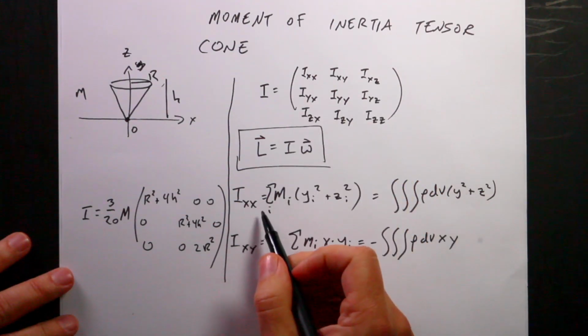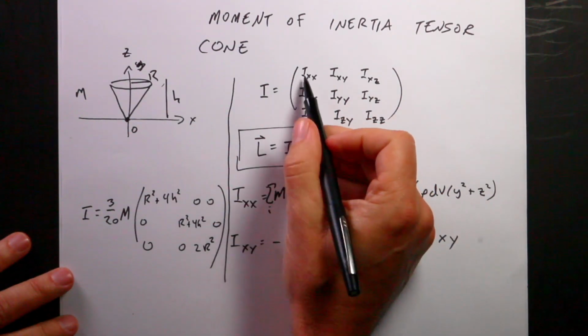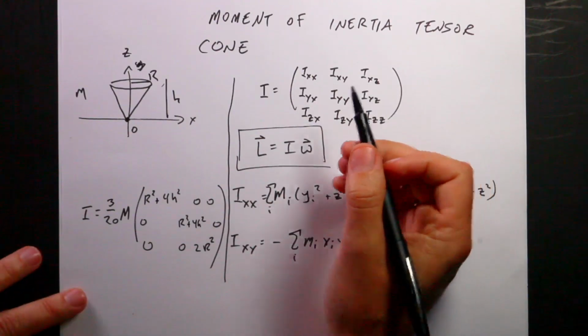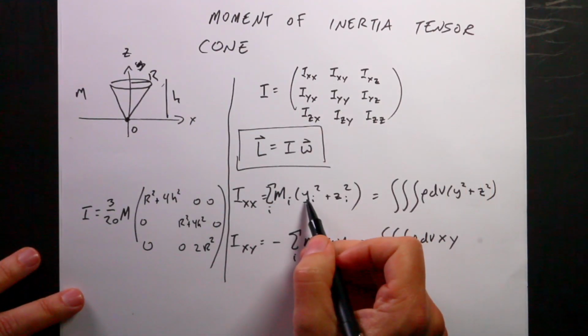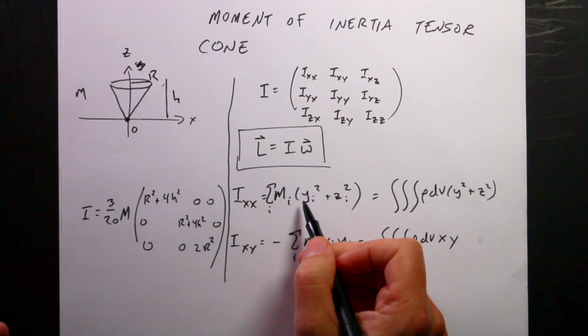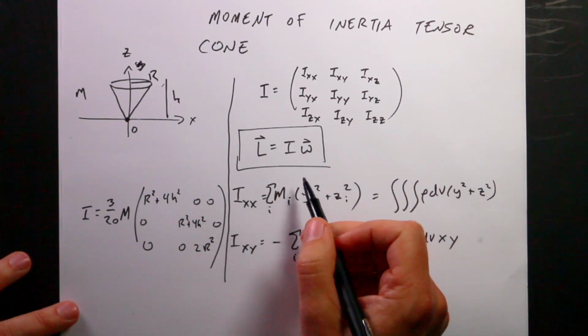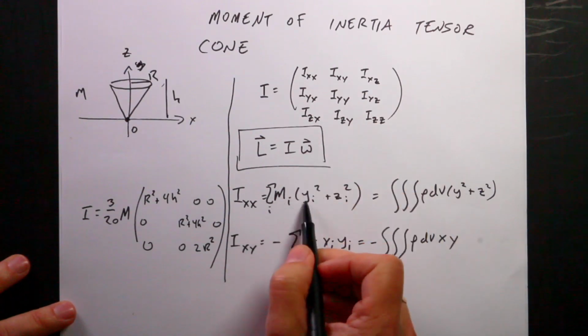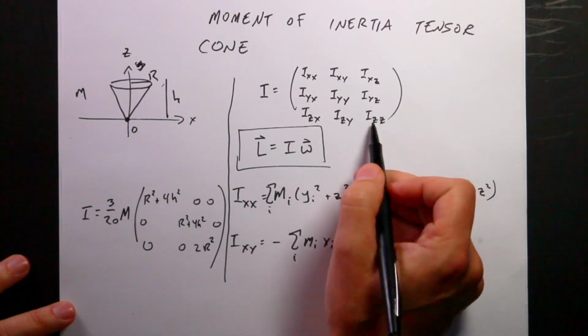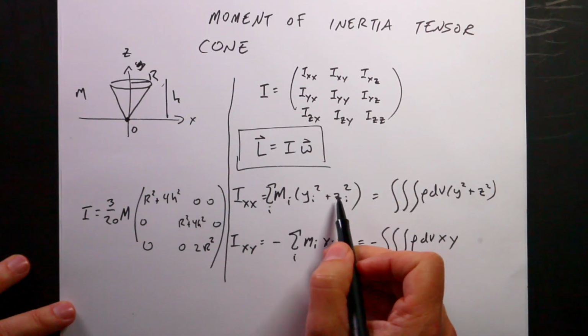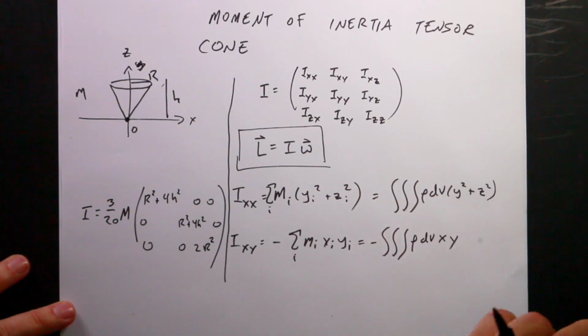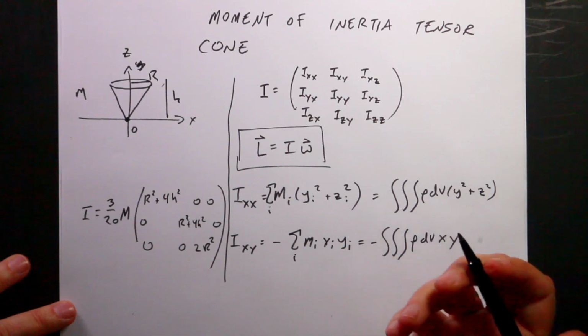Ixx would just be the sum of the mass, if I had broken into individual masses, the sum of the mass times each mass's y component squared plus its z component squared. And then I'd go through and do that for all the masses. Iyy would be the same thing, but I'd have x squared and z squared, and Izz would be x and y squared. Okay. Now, if you don't have discrete masses, you'd turn that into an integral.